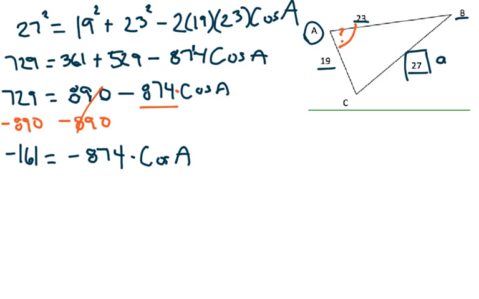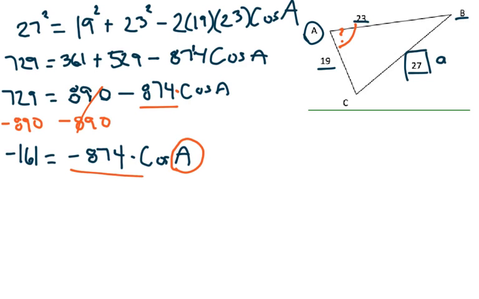Now remember, we're trying to isolate angle A. How do I get angle A by itself? Well, I'm going to use the inverse cosine, right? So cosine to the negative 1 eventually, but not yet. I want to get to that point, so I need to eliminate the negative 874.